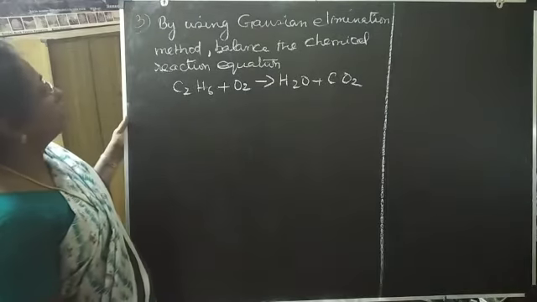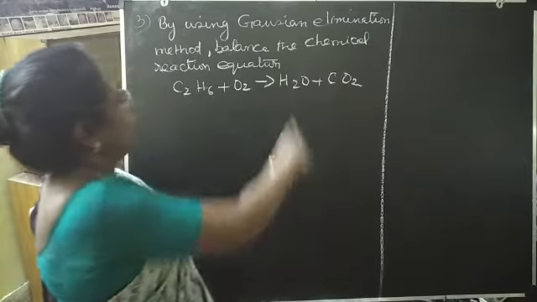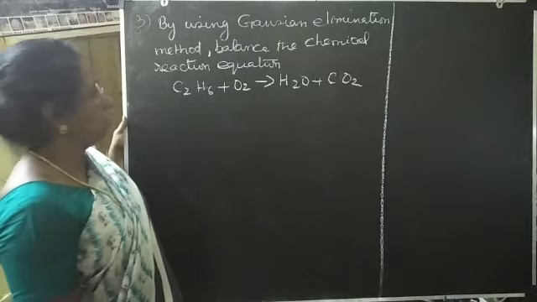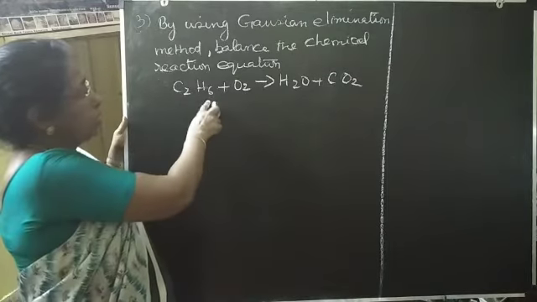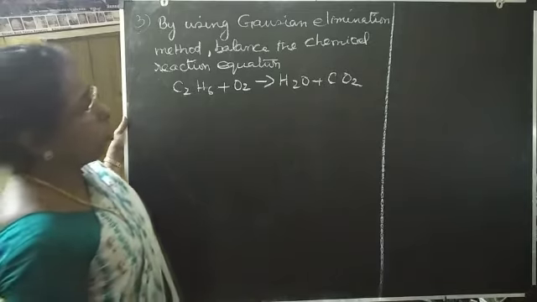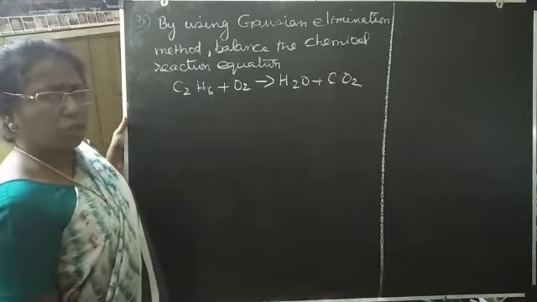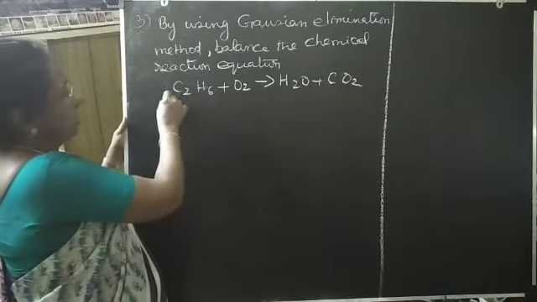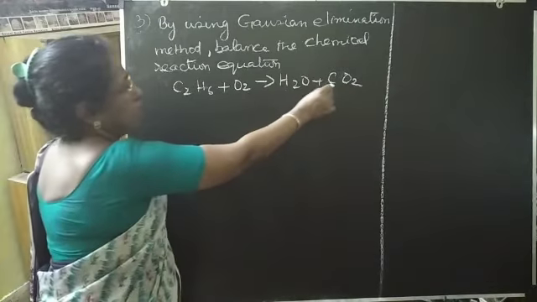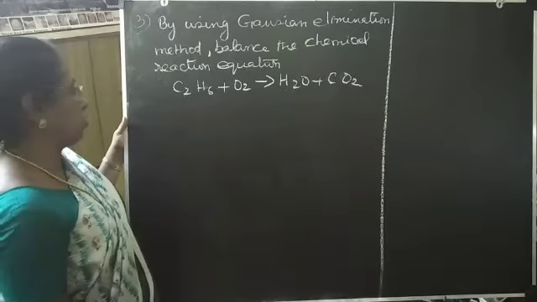The third question is, by using the Gaussian elimination method, balance the chemical reaction equation C2H6 plus O2 gives H2O plus CO2. We are supposed to find the constants x1, x2, x3, x4 to balance this given equation.